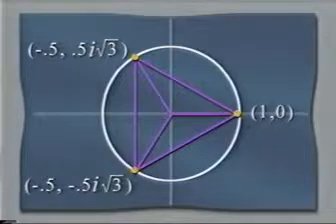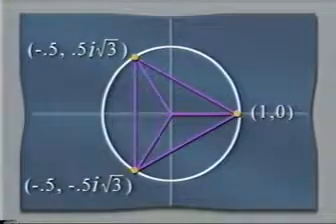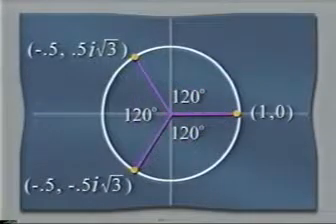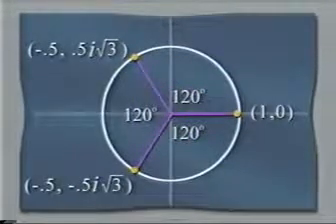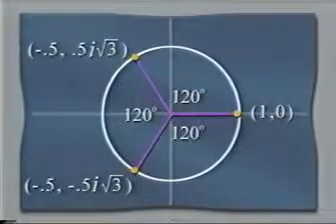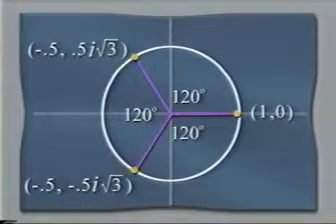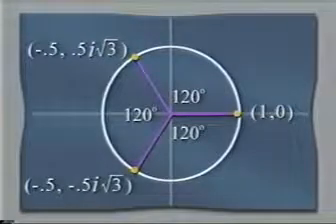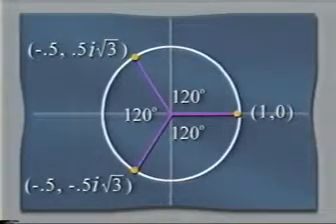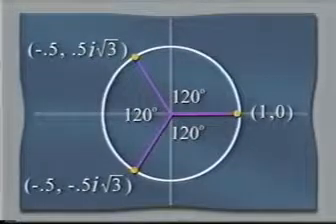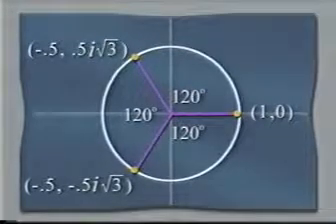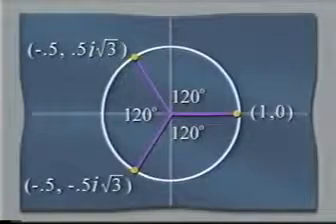In this case, since there are 3 of them, we divide the 360 degrees in a circle by 3, and we get 120, giving us, when we look at the graph of those 3 solutions, 1 and the 2 complex numbers, we see they're all on the same circle. We see that indeed they are separated by an equal amount, 120 degrees. We know we're correct. And that's a very neat way, a graphical representation to check one's work.